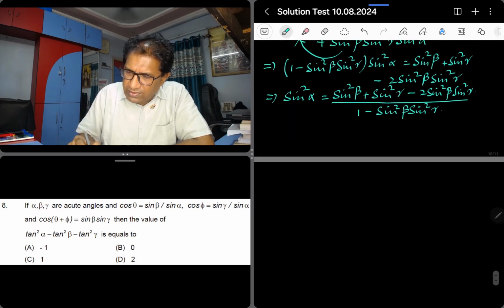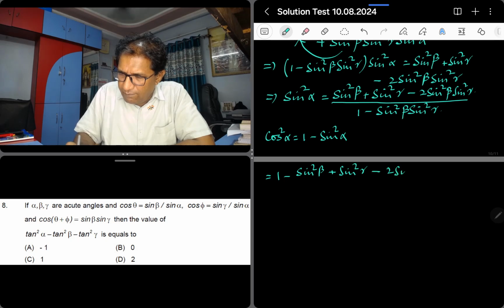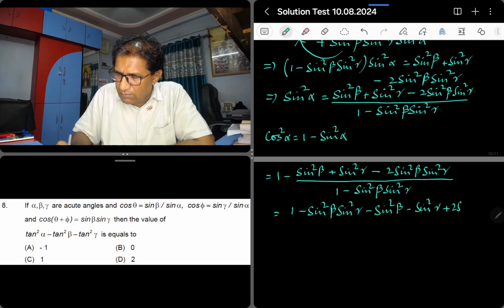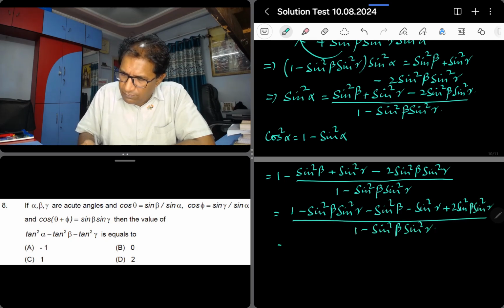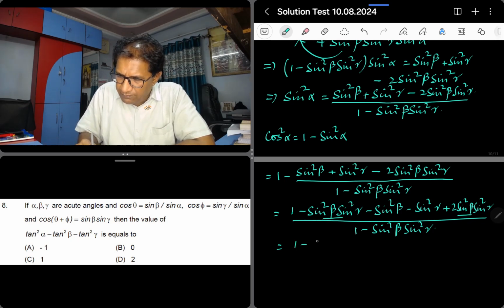So if this is your sine square alpha, so what will be your cos square alpha? 1 minus sine square alpha. So that gives us 1 minus this whole thing. And if we simplify, we are going to have, so the numerator after simplification, this one and this one, we can simplify.